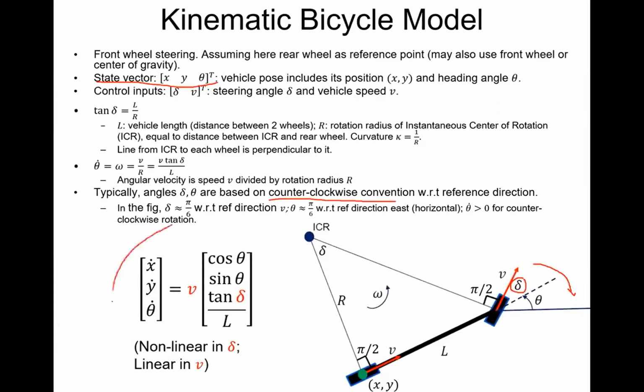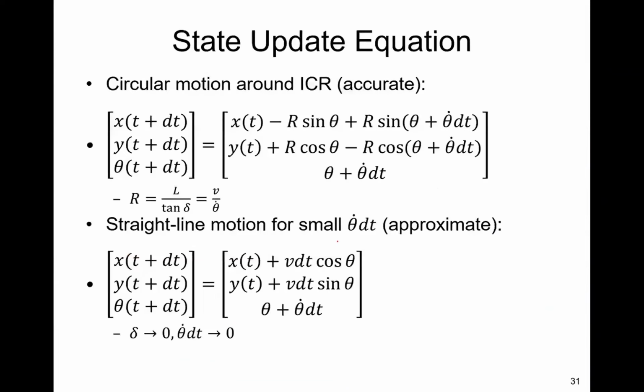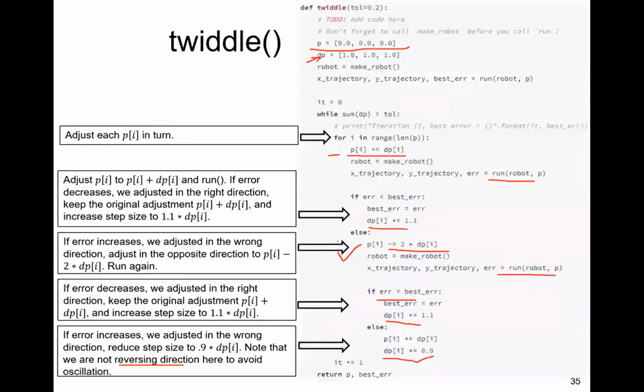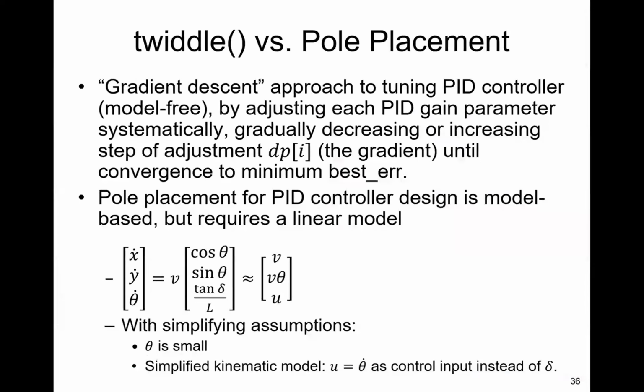So this is the bicycle model with the sine, cosine, tangent in there. So even though it's nonlinear, PID can still be applied, except that you cannot use pole placement, the control theory, to design a PID. You must tune it with a heuristic rule because of the nonlinearity in the system model.